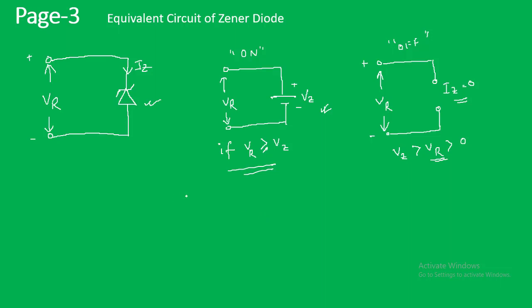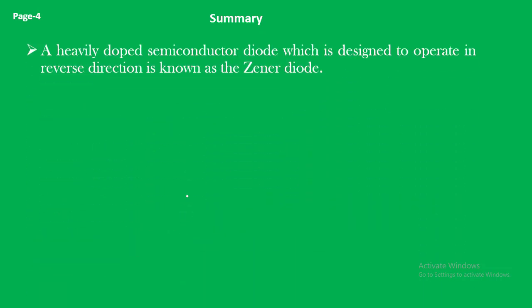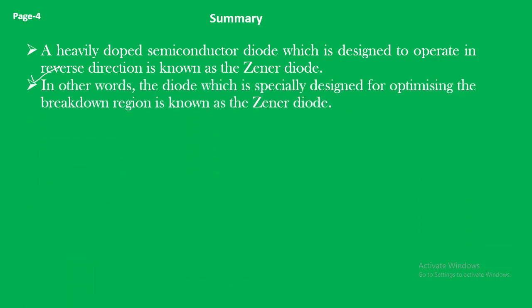Now if we summarize our discussion, the following points can be noted. First of all, a heavily doped semiconductor diode which is designed to operate in the reverse direction is known as a Zener diode. So intentionally we are making this diode operate in the reverse direction. In other words, it is specially designed for optimizing the breakdown region.